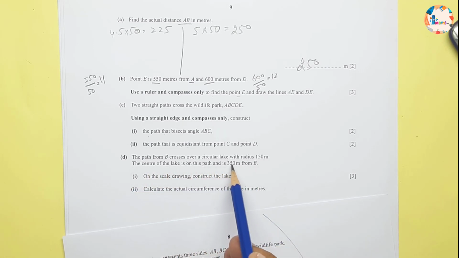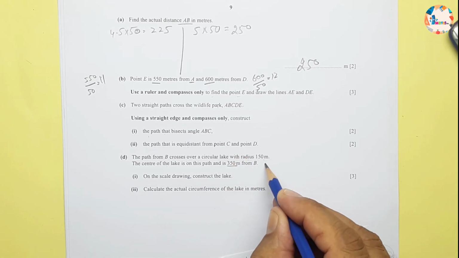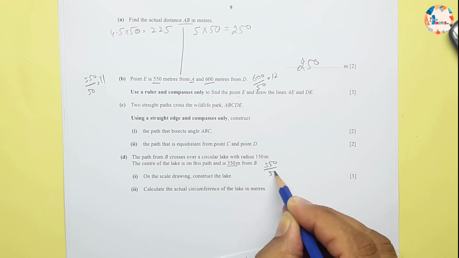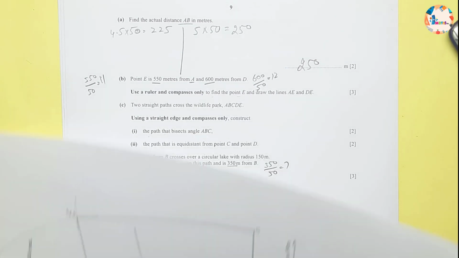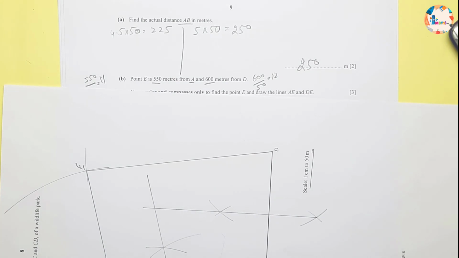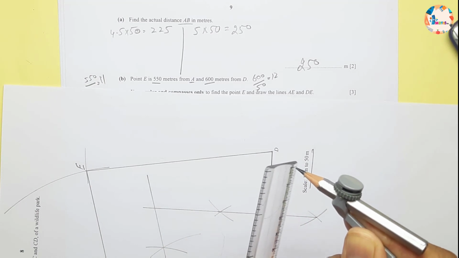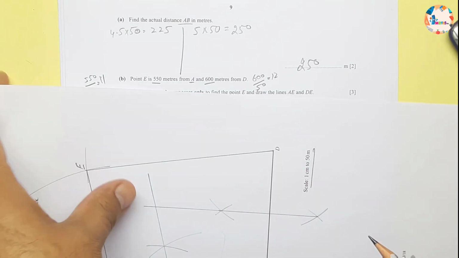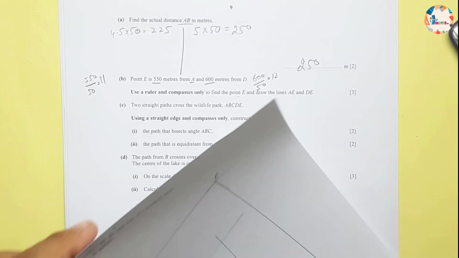The center of the lake is on this path and is 350 meters from B. So we can convert 350 meters and divide by 50. This will be 7 centimeters. So 7 centimeters from B we can measure. This will be 7 centimeters from B, over here.